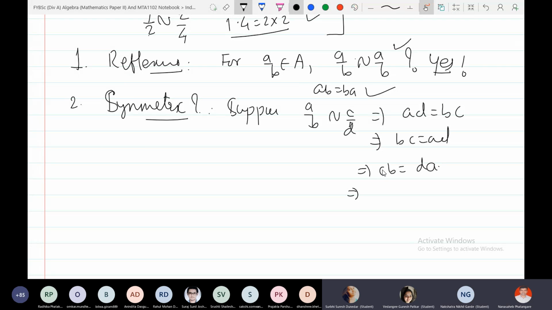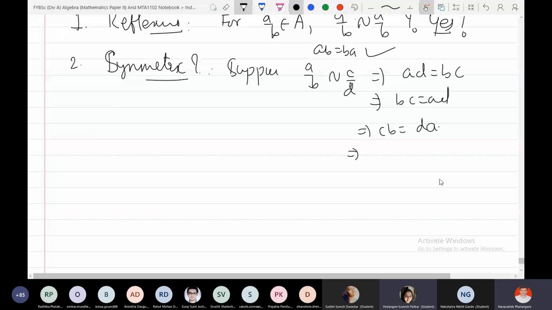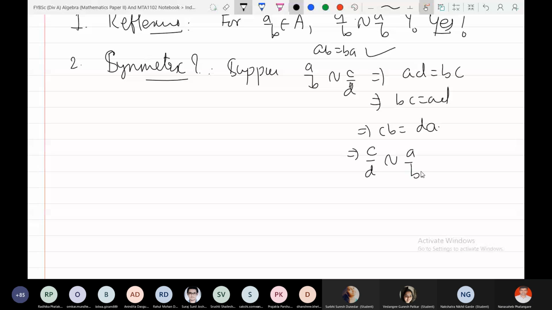Now, by definition of the relation, two elements are related if A into D is the same as C into B, or B into C, whatever, same thing. Therefore it is the same as C by D is related to A by B, because CB is the same as DA.